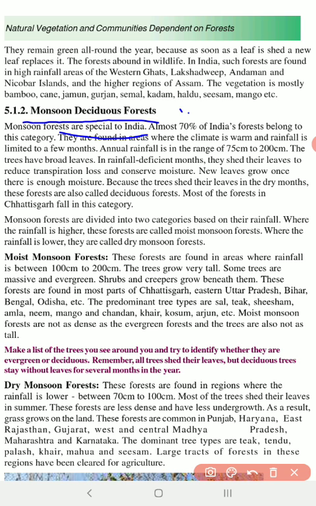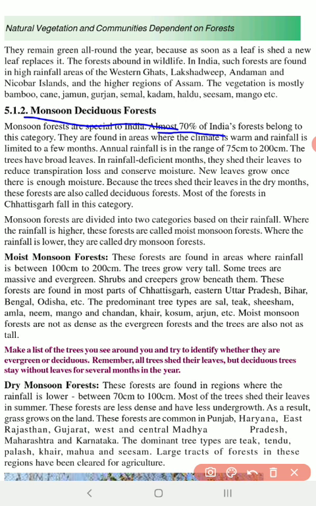Every year, for almost 3-4 months, we have a good amount of rain because of the monsoon, and therefore based on our monsoonic climate, we have the forest too. Almost 70% of India's forest, almost 3/4 of our forest, comes under this category, monsoon deciduous forest.